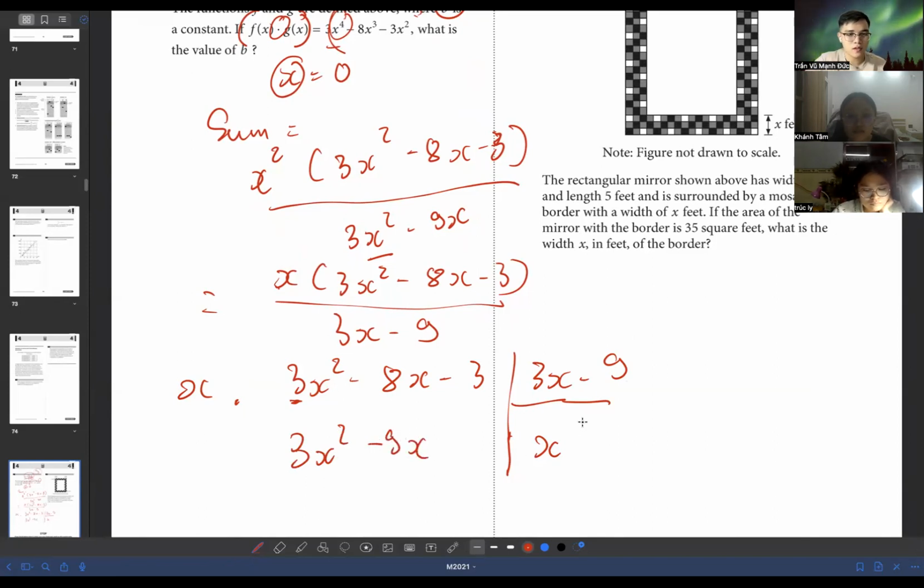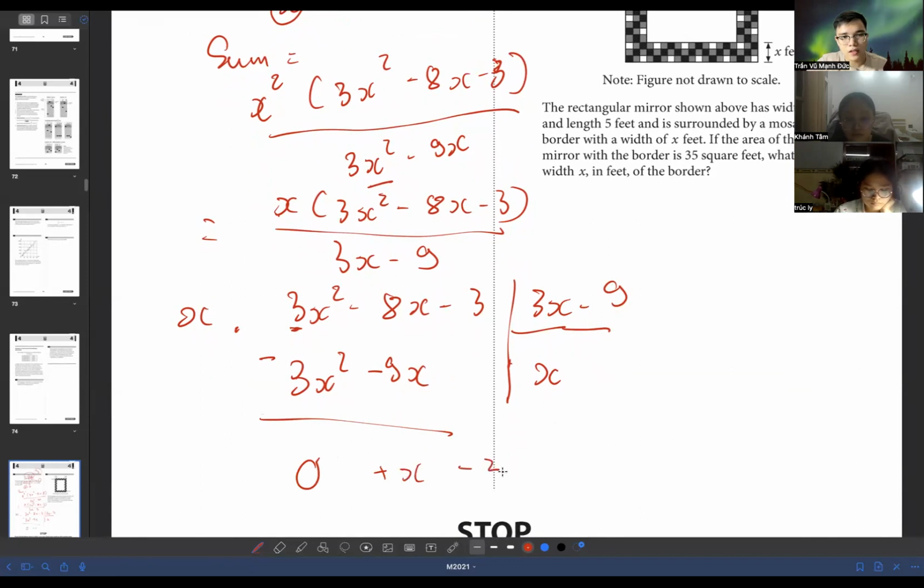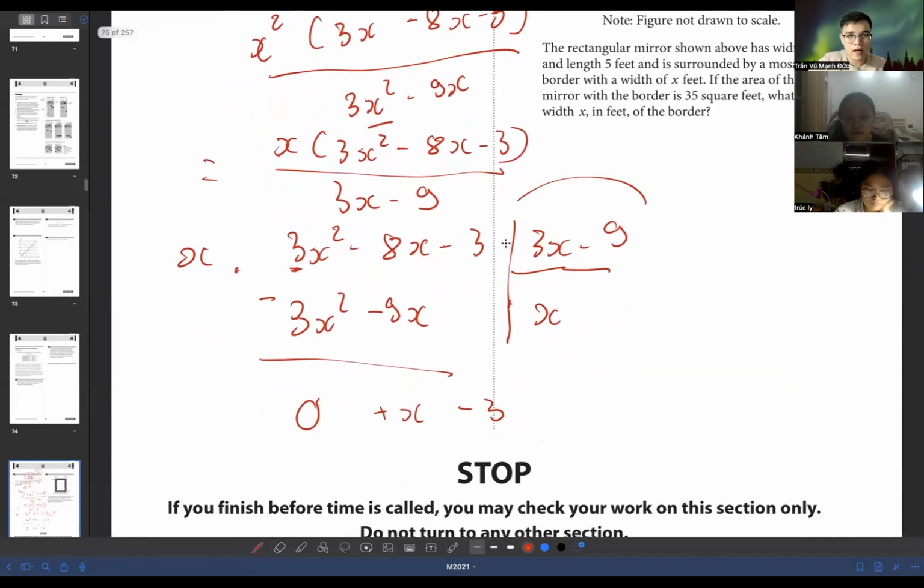This is what you're going to end up with. In this case, I'm going to subtract this. I'm going to have 0 here. I'm going to have x plus x minus 3. And I'm going to continue to divide so that I will completely eliminate the remainders.